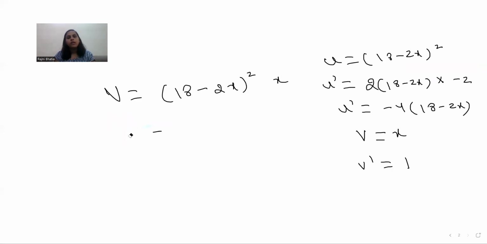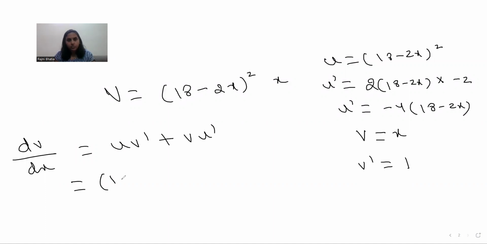We apply the product rule, so dv by dx will be u v dash plus v u dash. So u is (18 minus 2x) whole square into v dash which is 1, plus v which is x into u dash which is minus 4 into (18 minus 2x).